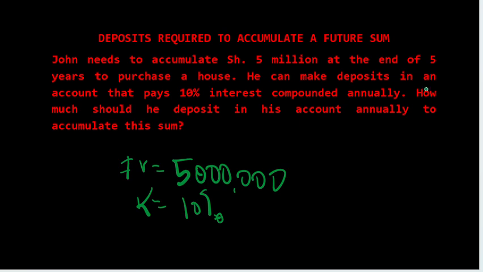Then you are told how much should he deposit in his account annually for him to accumulate this future sum. So we are asking ourselves, what amount is this that is going to be deposited annually for a period of 5 years for it to grow to 5 million.